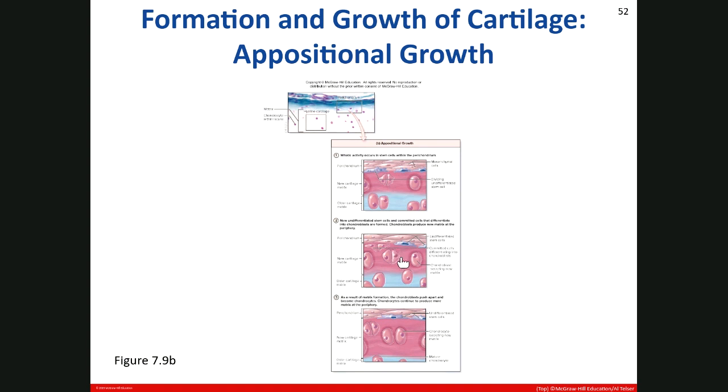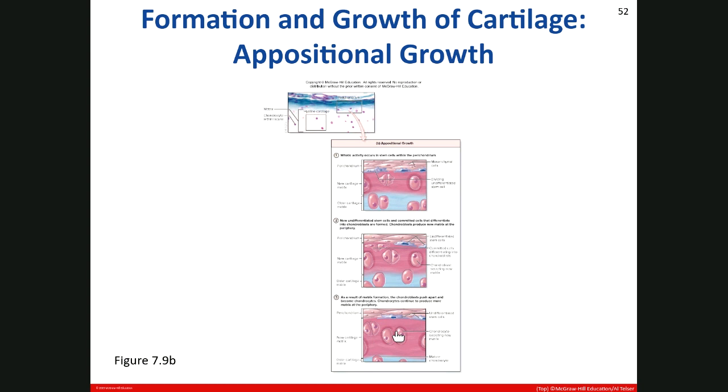When they make matrix, they become separated from each other, and they can increase the girth or the diameter of the cartilage, so our cartilage can grow externally.